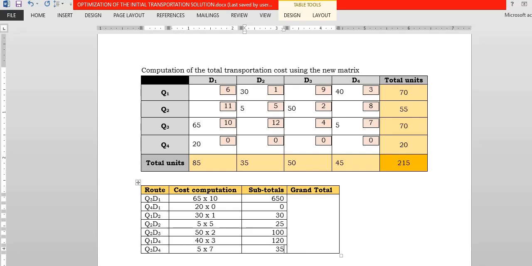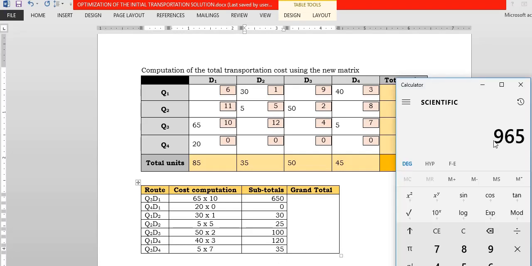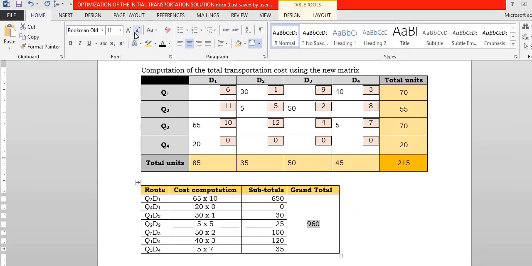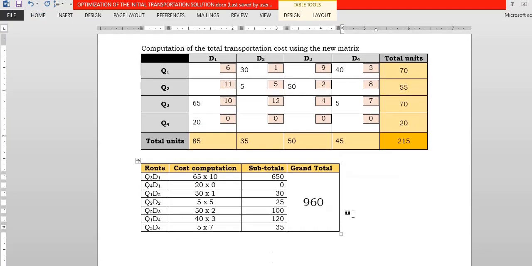Now, when you add this, you see what we get: 650 plus 0 plus 30 plus 25 plus 100 plus 120 plus 35 gives you 960. That's what you're going to type here. Now comparing with the other figure we got earlier, we have reduced our cost by 5, and we happen to be at optimum level.